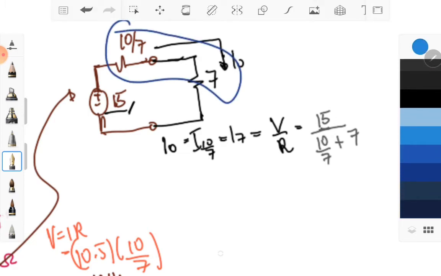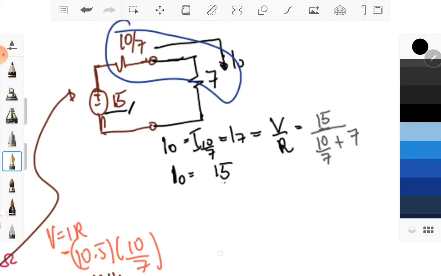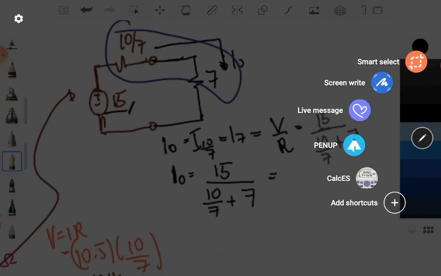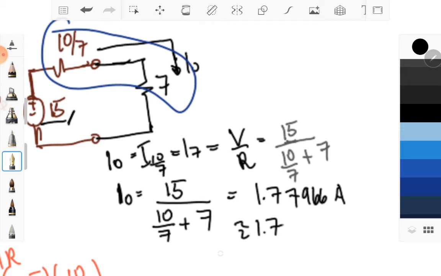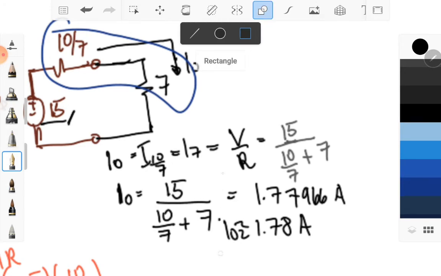Okay, so therefore my IO is equal to 15 divided by 10/7 plus 7, which is equal to 1.77966 ampere, or simply 1.78 ampere. Okay, that would be our IO. That is the answer.